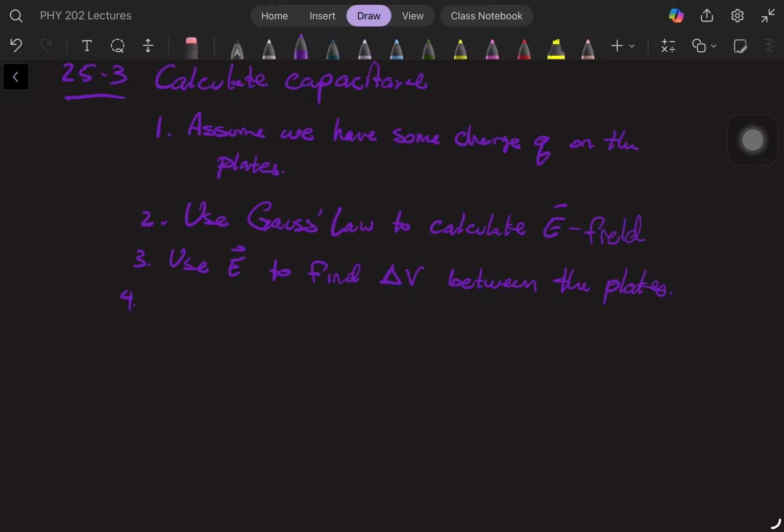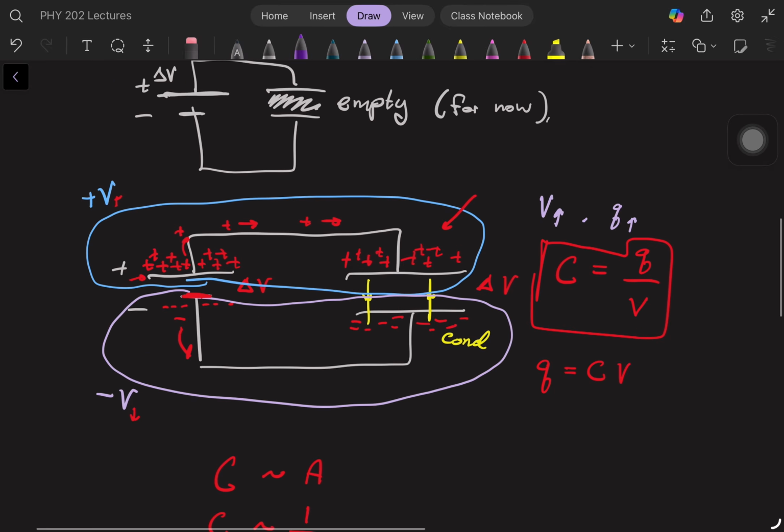And then finally, step 4, if we have Q and we have V, we can go ahead and calculate C. All right, and again, we can do that because Q equals CV.